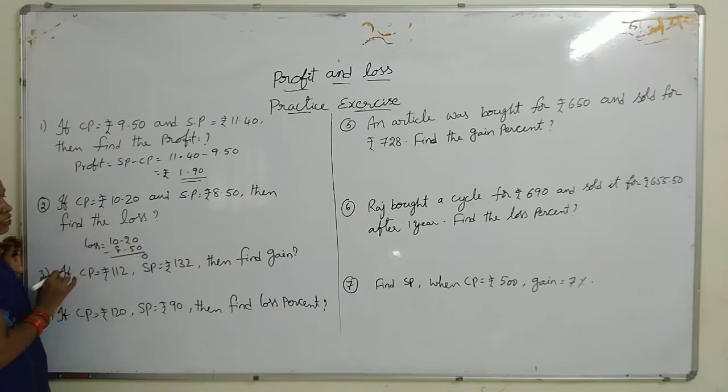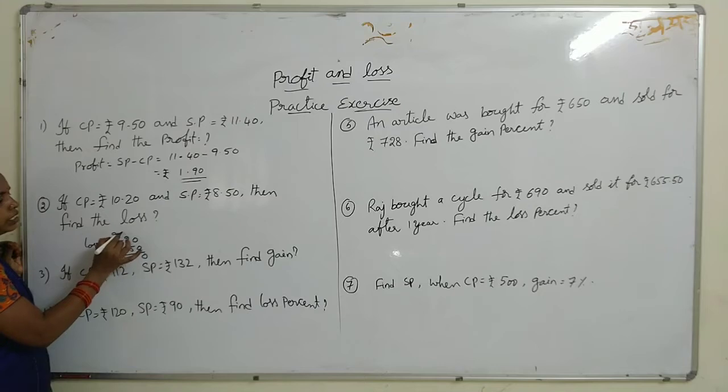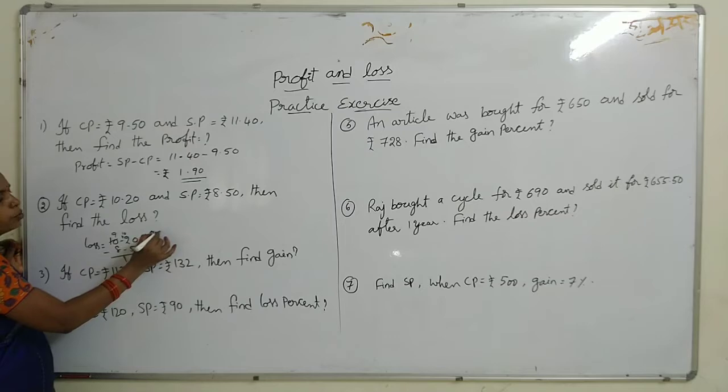Here 2 minus 5, not subtracted here. So borrowing from here, it becomes 9. Here 10 plus 2, 12 minus 5, that is 7. 9 minus 8, 1. So therefore loss equal to 1 rupee 70 paise.